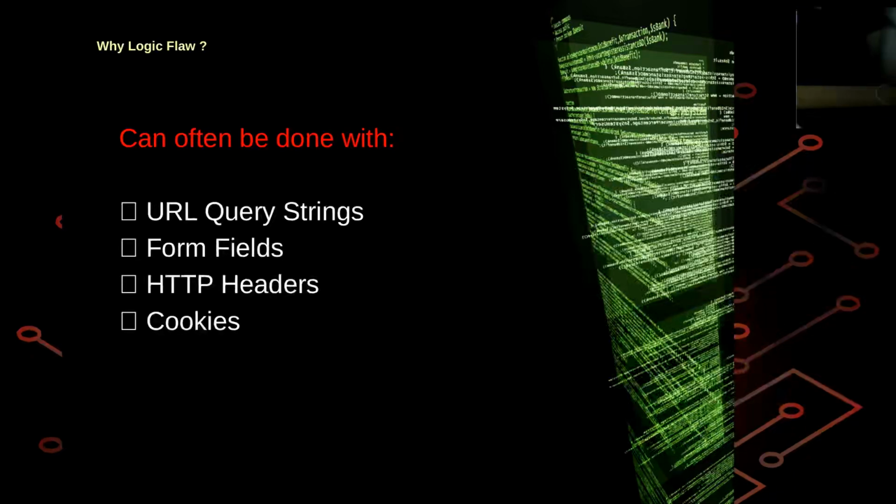So we also have the form fields, or we can also call it the form body. It contains elements that define how each element of the page appears and behaves. And the third thing is the HTTP header.